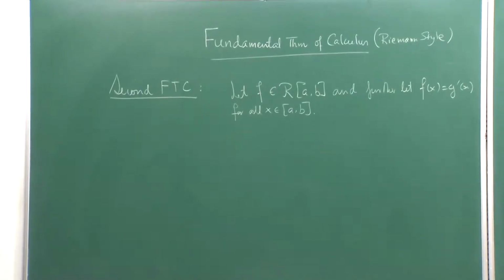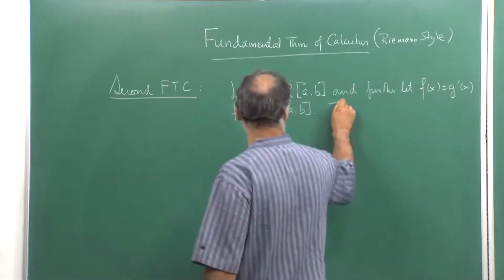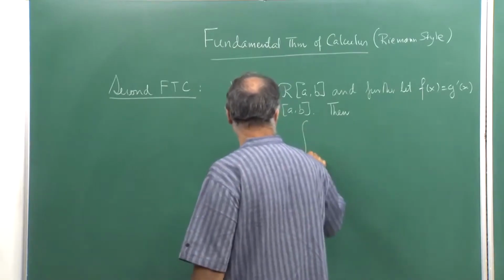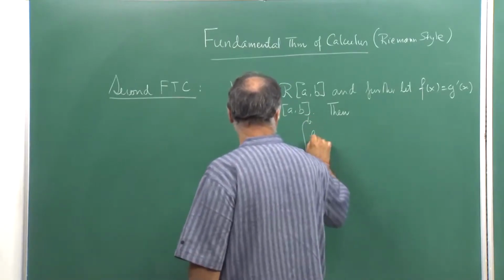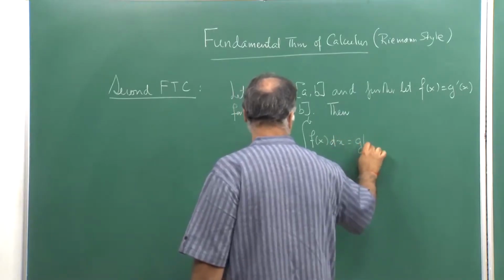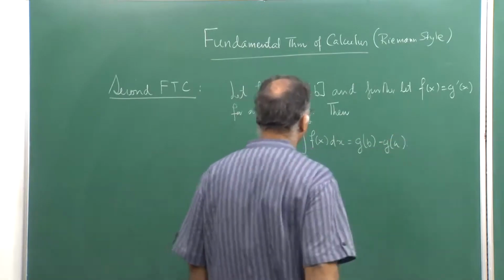Then the integral from a to b of f x dx is equal to g b minus g a. So, this is actually a very important result.